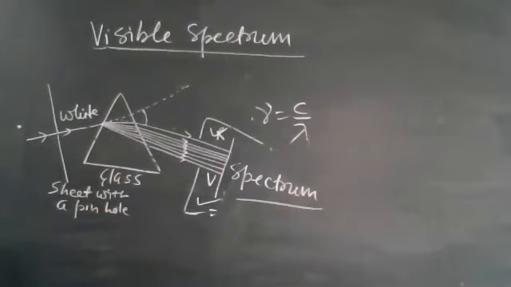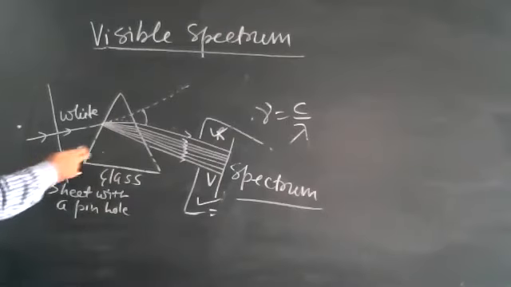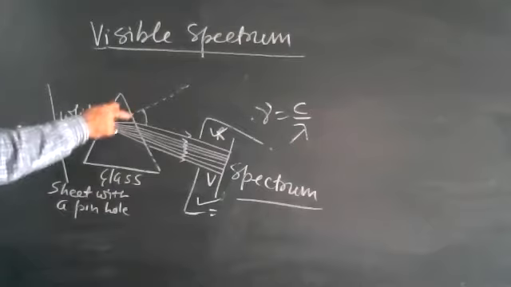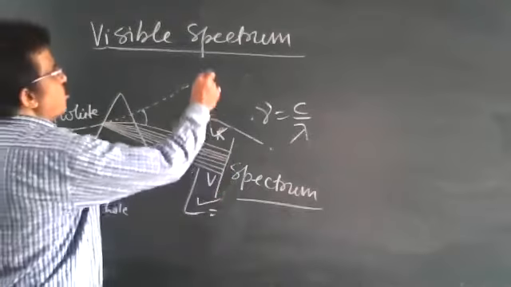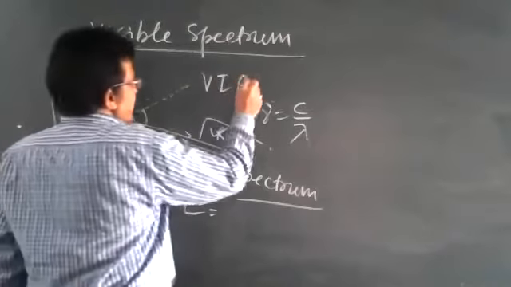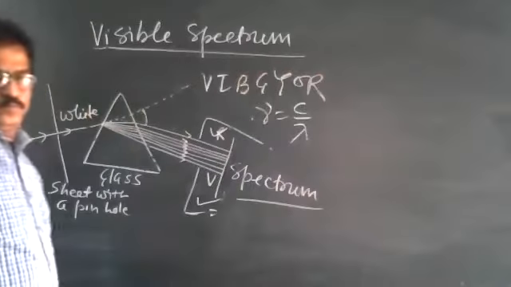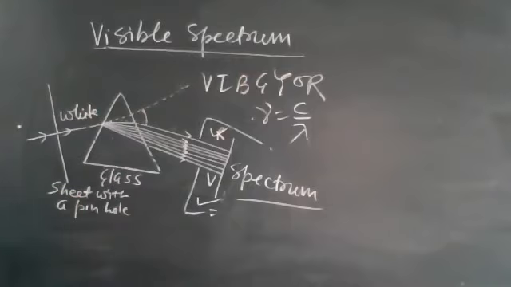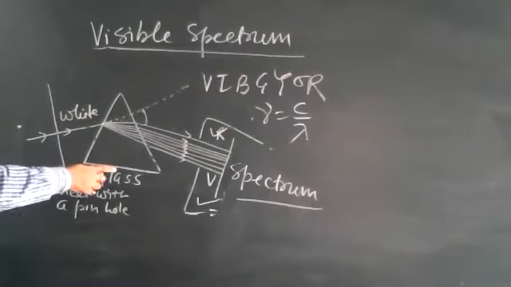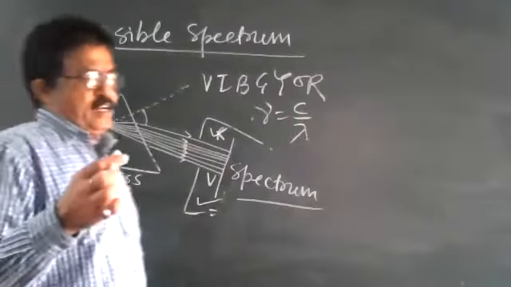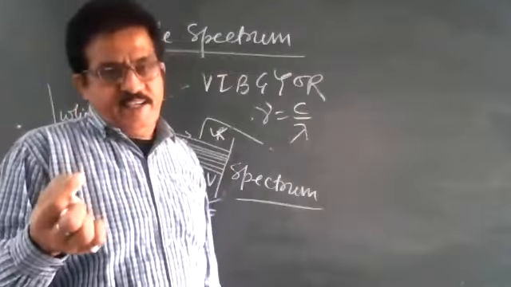Okay? So the sequence of the colors in this visible spectrum is VIBGYOR, which we have written earlier. This is the sequence of colors here, the different colors which we can see with our naked eye.